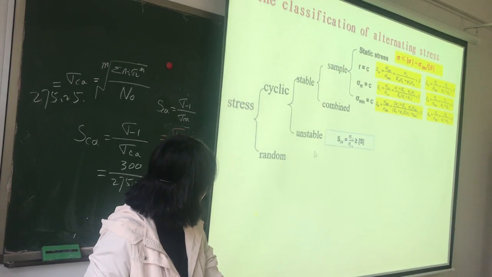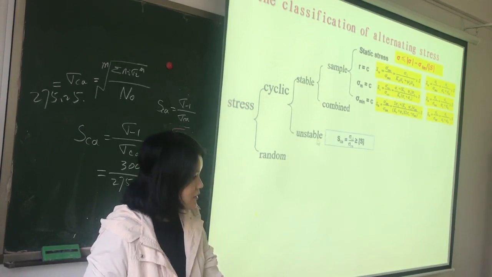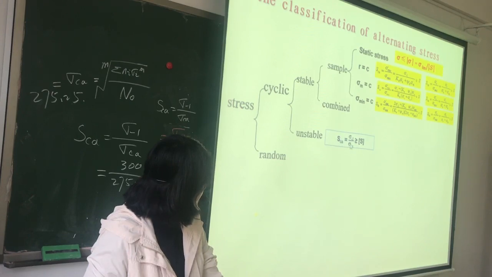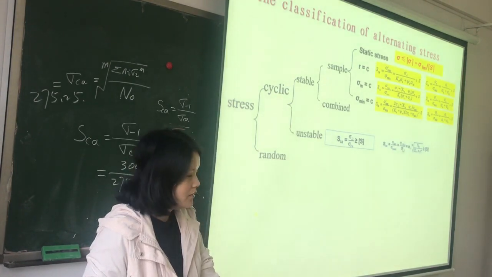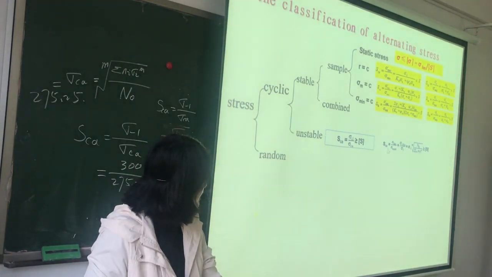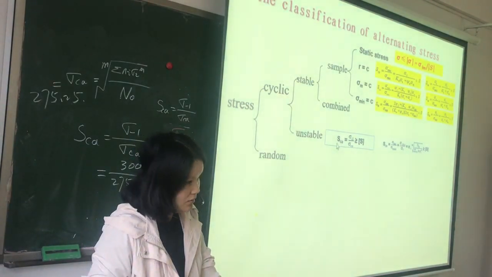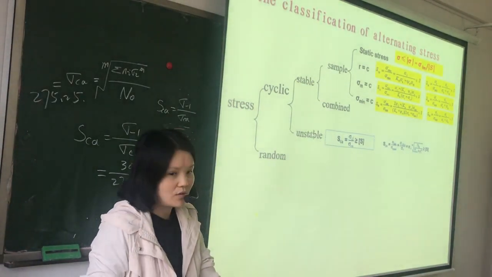And we also can have unstable stress, where the safety factor can be expressed like this or this. We can use these equations to calculate the safety factor for unstable stress.